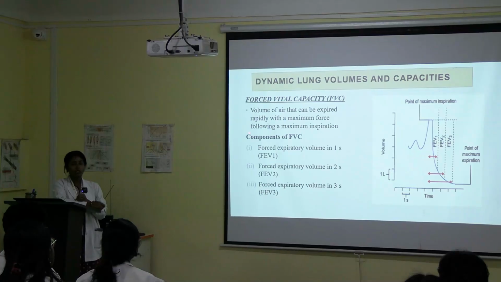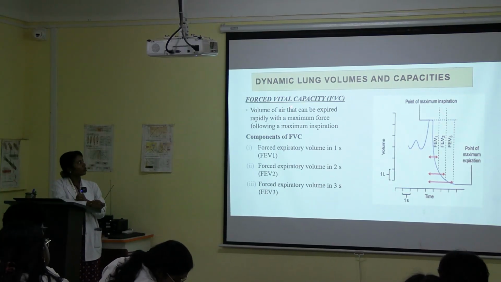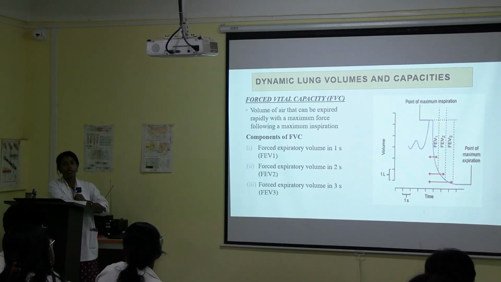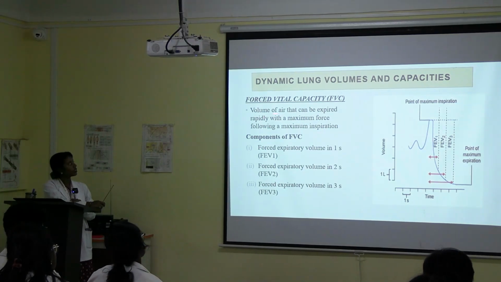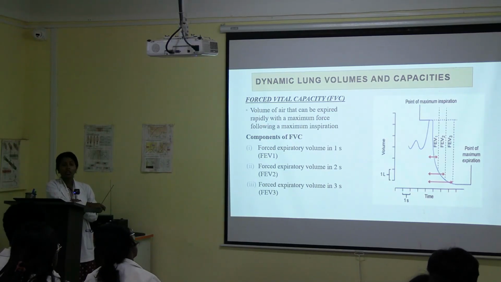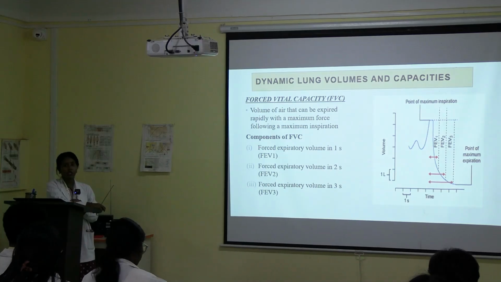These are the dynamic lung volumes. We have the forced vital capacity. What is that? Forced vital capacity is the volume of air that can be expired rapidly with maximum force following a maximum inspiration.